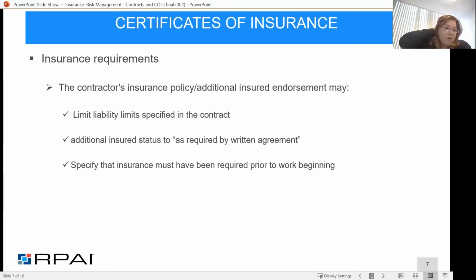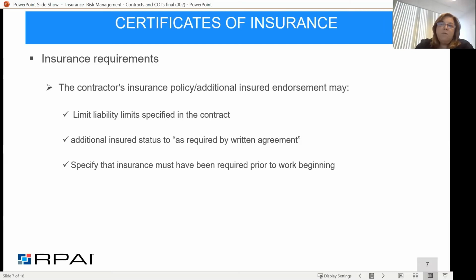Another limitation that's thrown in a lot, especially on carrier-specific additional insured forms, is that they're going to say the insurance had to be required prior to the work beginning.